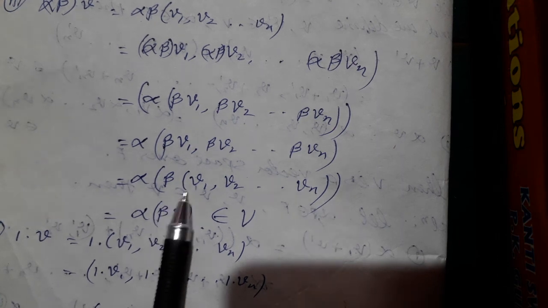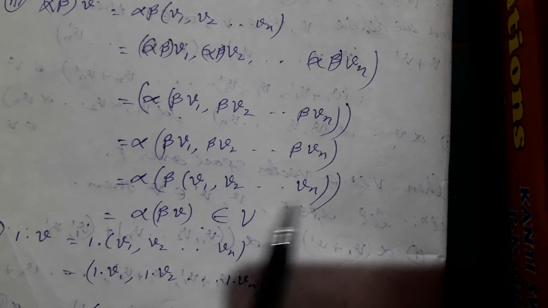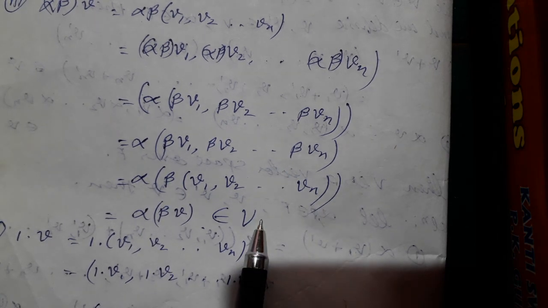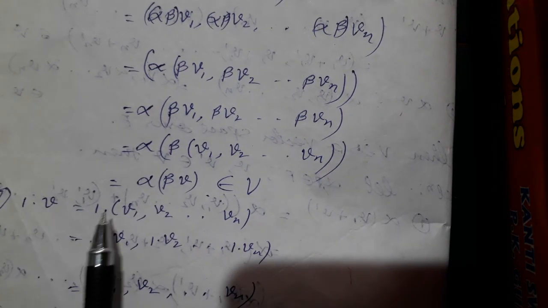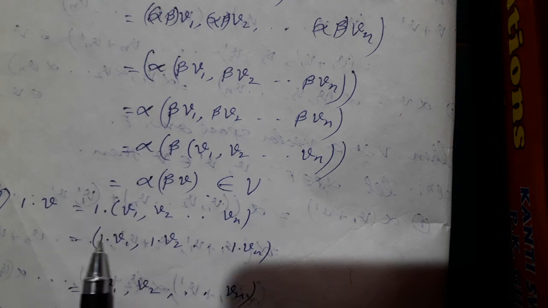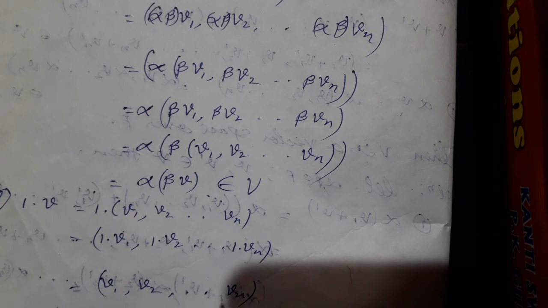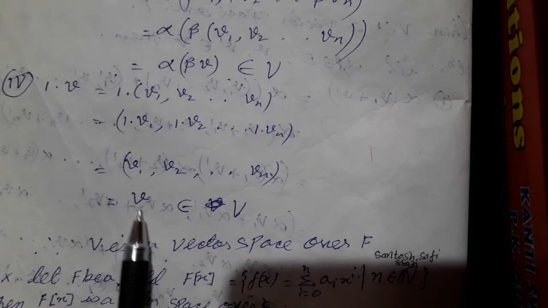Then beta comes out, so beta times v1, v2 till vn, which is beta v, and this belongs to V. And 1 into v, using the first definition, you multiply to each coordinate: 1 into v1 is v1, 1 into v2 is v2, 1 into vn is vn. So this is equal to v.